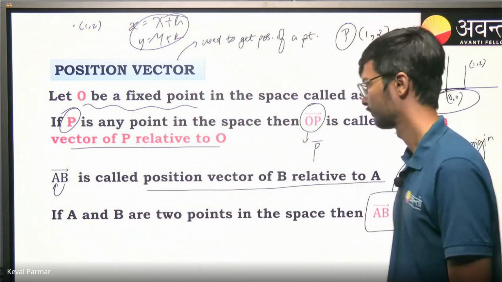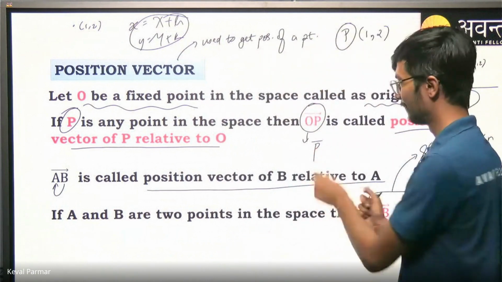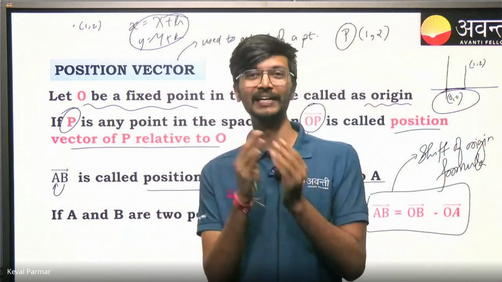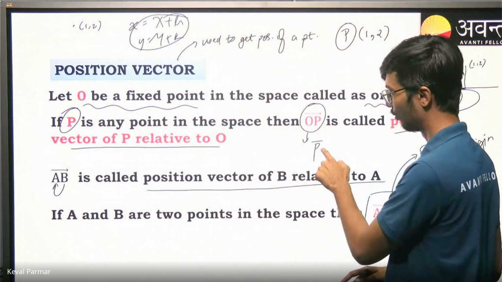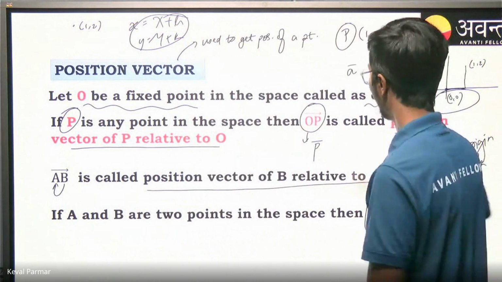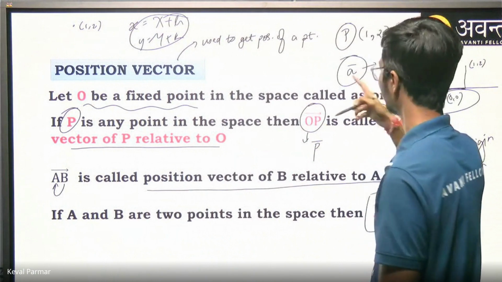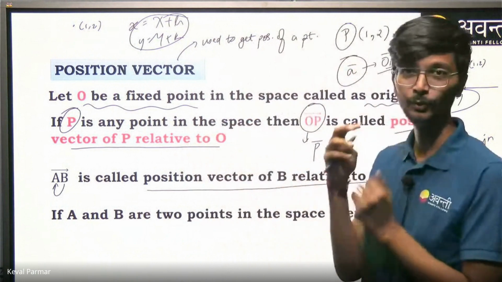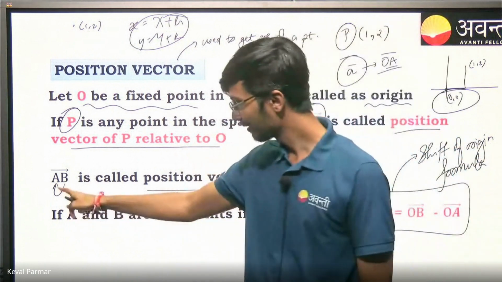Small p bar means the position of P with respect to origin. Origin is by default, therefore every time we don't need to write OP bar, we write only p bar. So if in a sum I am given a bar, that means a bar is basically OA bar, the position of point A with respect to origin, which we do not say because it is by default. Here I cannot write this as B bar.